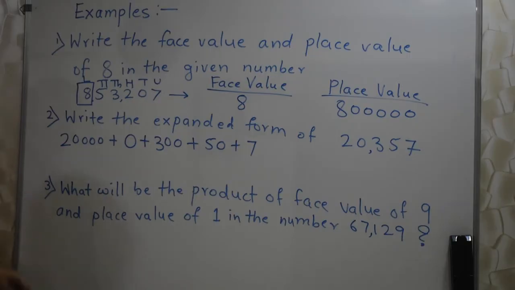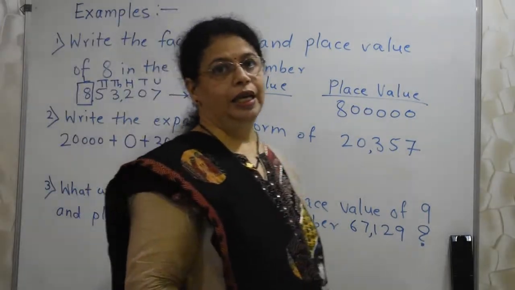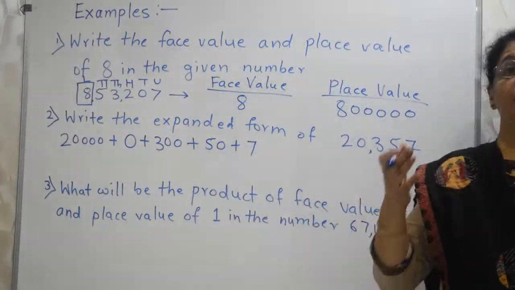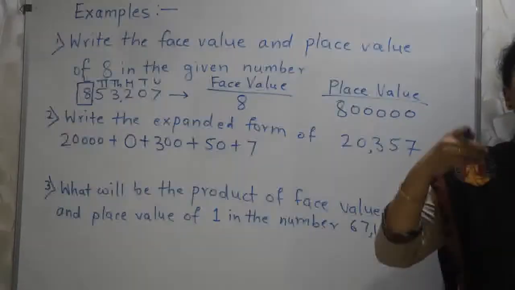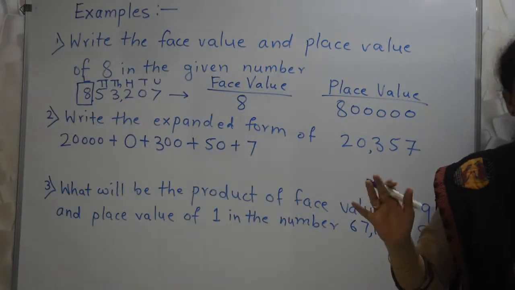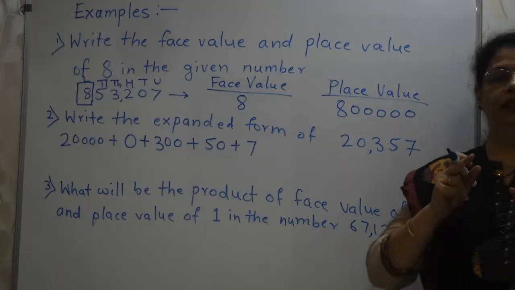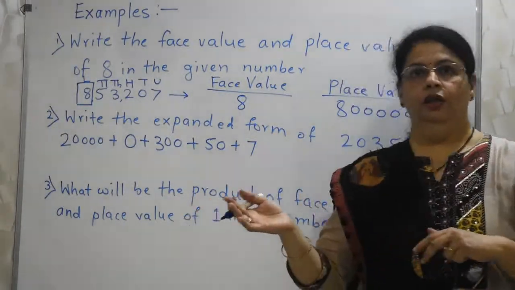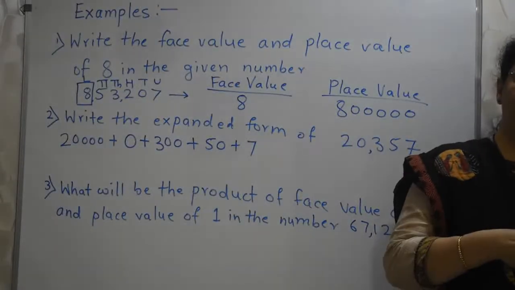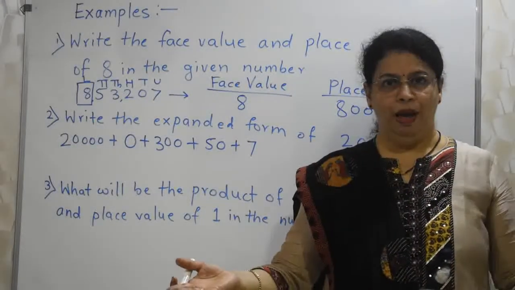Okay. Now, these types of questions are normally asked in the examination. Once you know how to find out the place value and the face value, whatever they tell you to do, you should be able to do. Whether it is addition of place value of this and face value of that, or the subtraction of face value of this and place value, anything they may ask you.